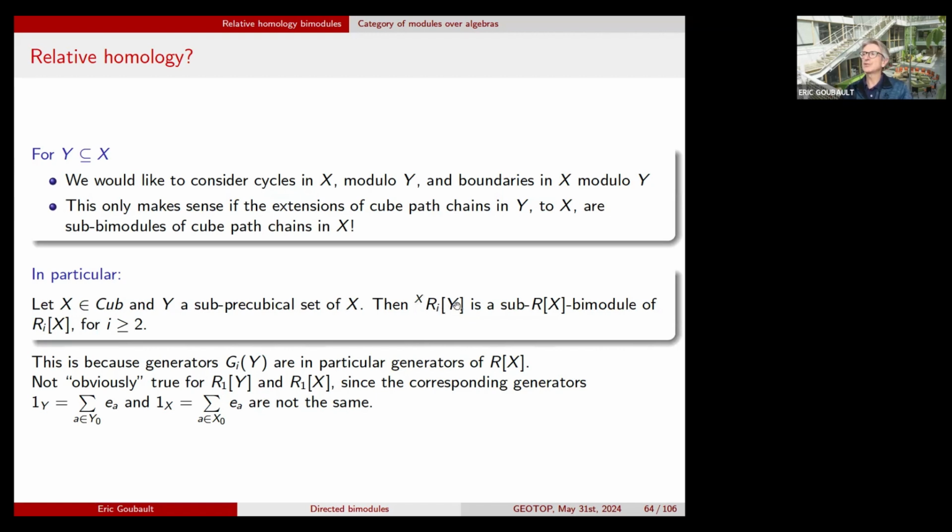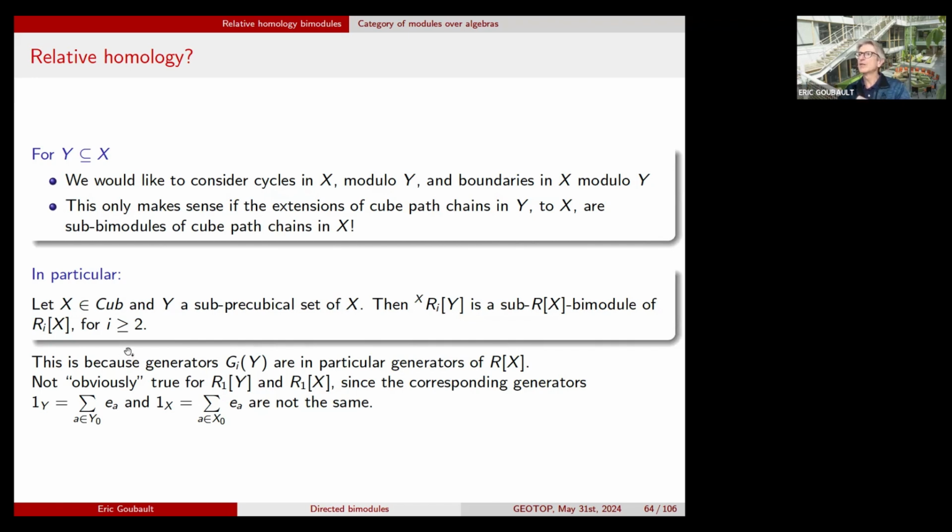I-1 cube chains on the smaller cubical set Y, so extension to the path algebra of X, is not always a sub R of X bimodule of Ri of X, because I mean, it obviously is one when you consider I-1 chains where I is greater or equal than 2, because the generators are very simple, and the extension will just map injectively within the larger module with the larger algebra coefficients.